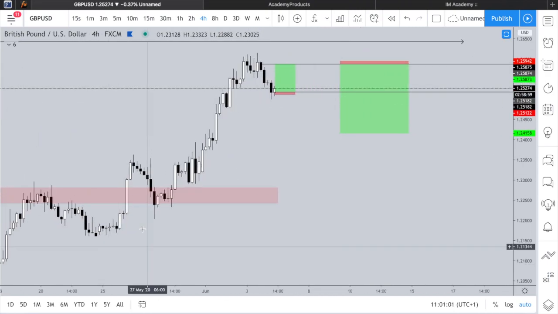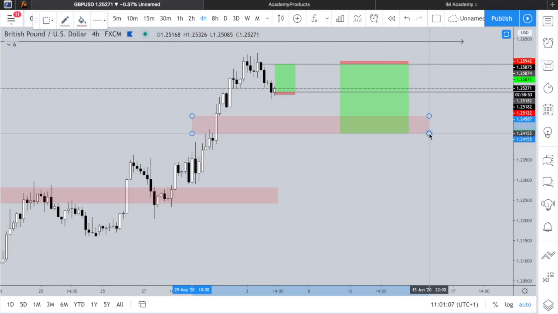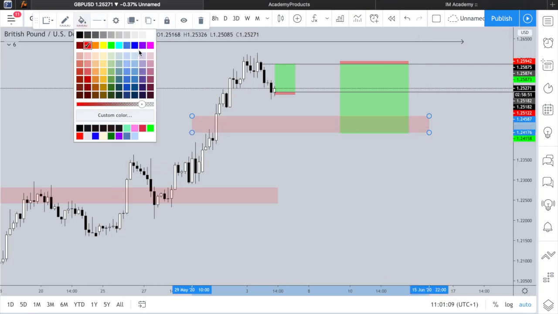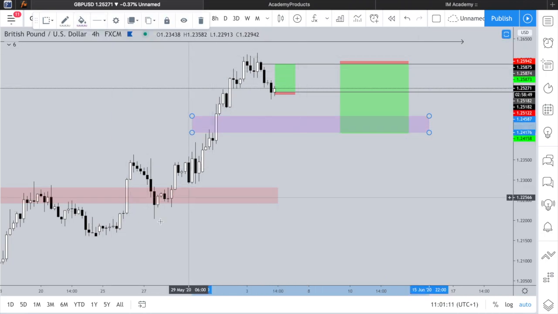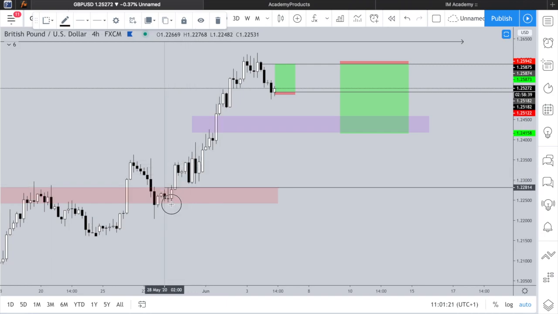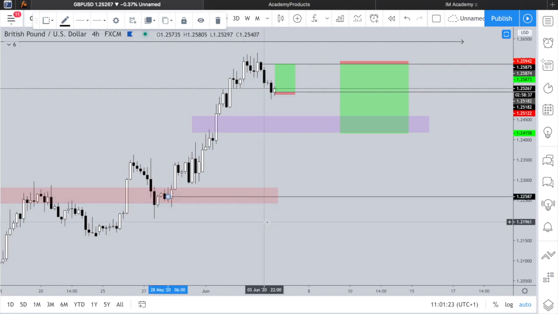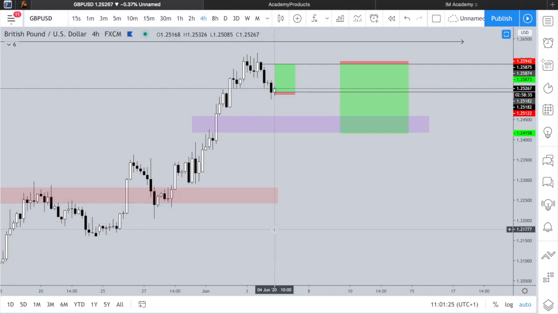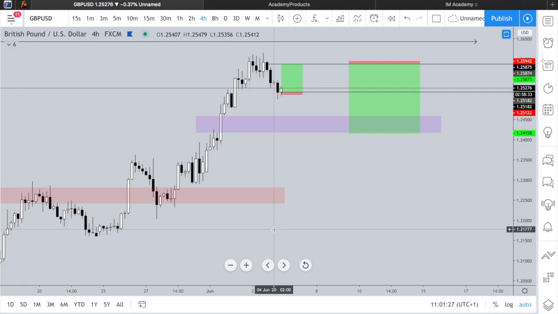Because you'll be looking at it and thinking, okay, we've got an imbalance over here, so potentially I'll be looking to trade this imbalance, maybe an imbalance fill to the upside. And then you look further down and tell yourself, oh damn, we've got a sell before buy candle over there, we've got an institutional candle over there, we've got an institutional candle over here. On lower time frames you may find an institutional candle over there, so you may be asking yourself, which one of these entries do I go for?